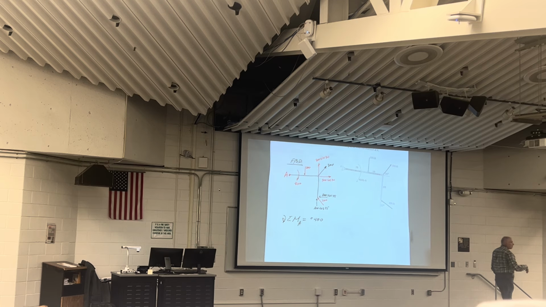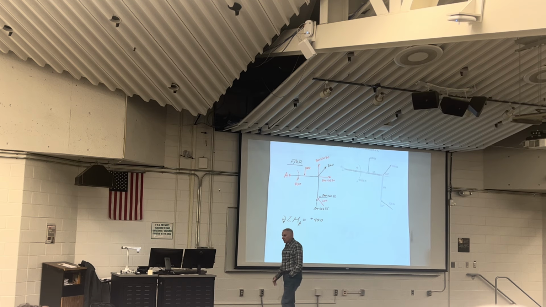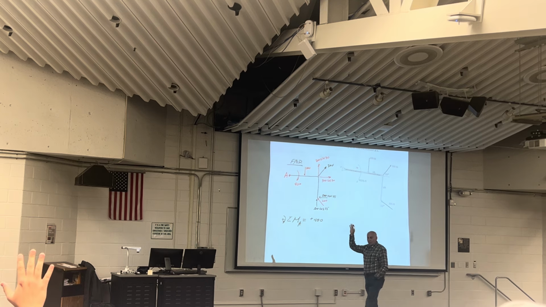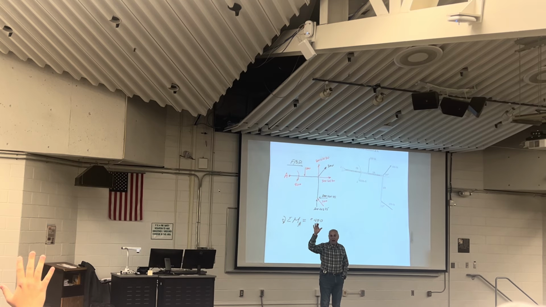True or false? Here's how I get my true falses. True or false? Moments are free vectors. Oh, that's an interesting one. If you had to choose true or false, how many would say true? 1, 2, 3, 4, 5.